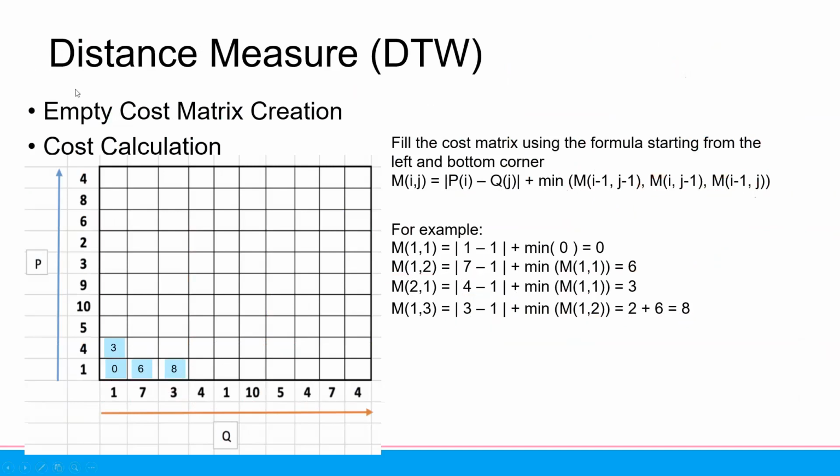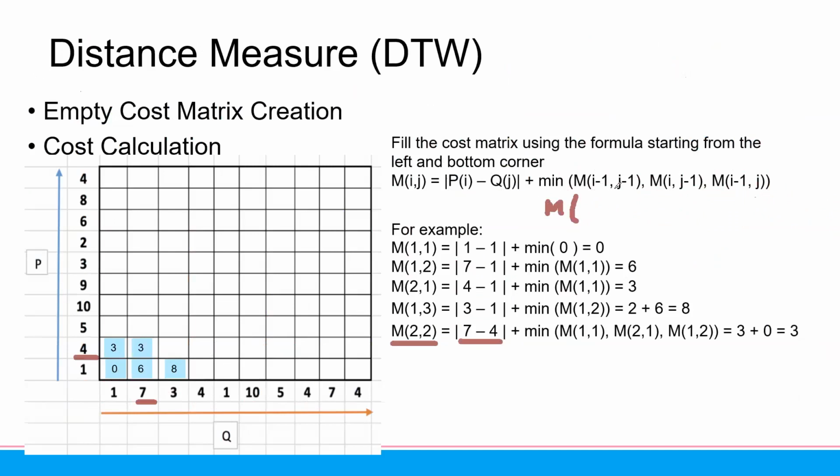Okay. Next, 2,2. We have 2,2, which is 7 and 4. So 7 minus 4. Now we will check M(i-1, j-1), which is 1,1; M(i, j-1), which is 2,1; and M(i-1, j), which is 1,2. So what is M1,1? 1,1 is 0.